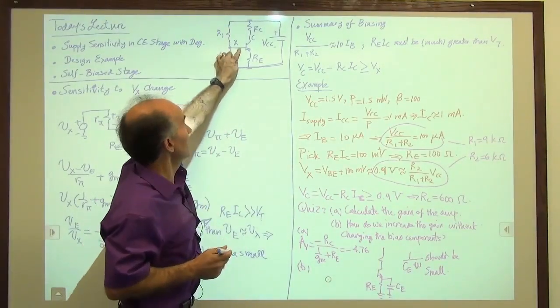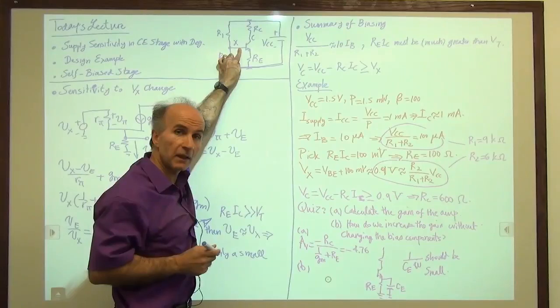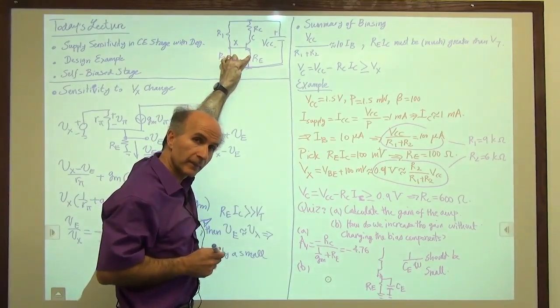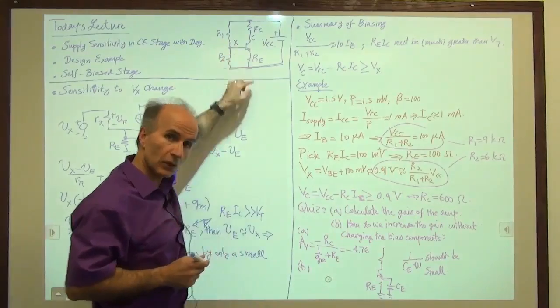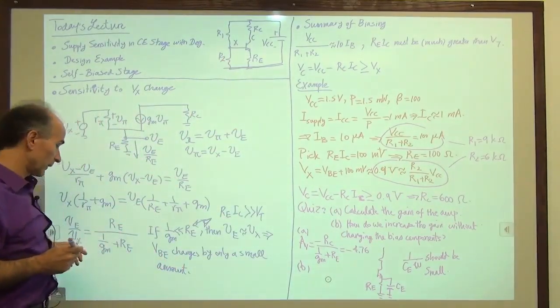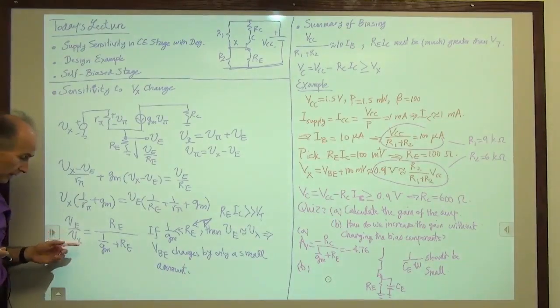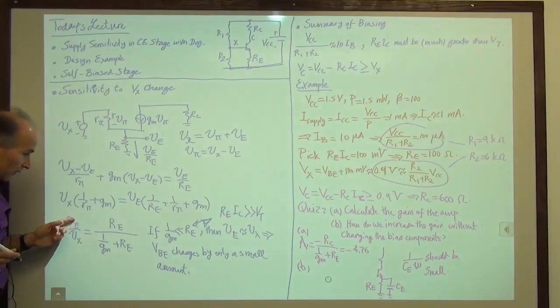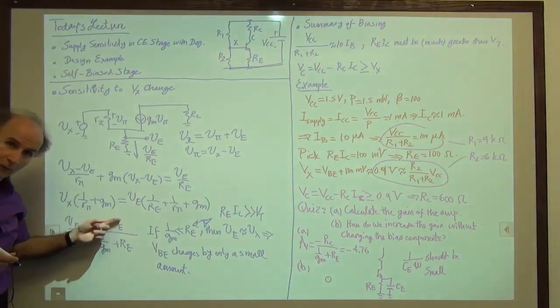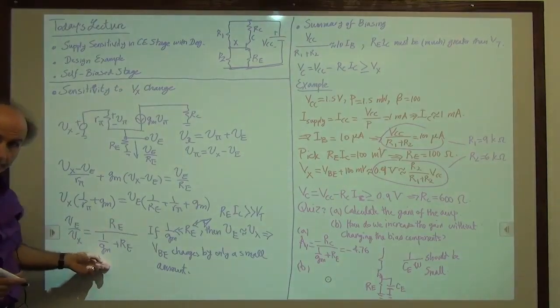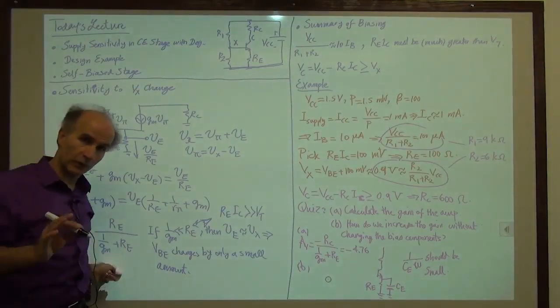So we take this 45 millivolts, and we would like to see how much of it appears here. Well, we have a calculation before. It says if the change in Vx is 45 millivolts, the change in V is given by this. We have RE, 100 ohms. We have 1 over gm, 26 ohms. We can calculate that.